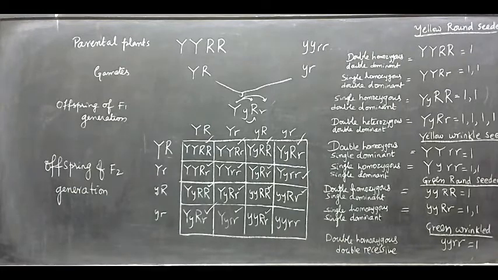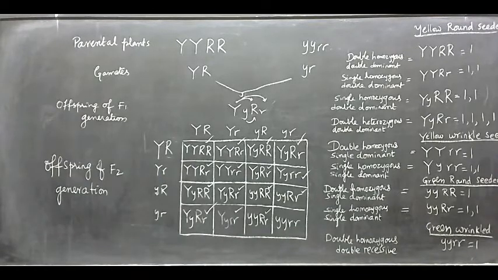So yellow round seeded plants are 9 out of 16. Yellow wrinkled seeded plants are 3 out of 16. Green round seeded plants are 3 out of 16. And green wrinkled seeded plants are 1 out of 16.